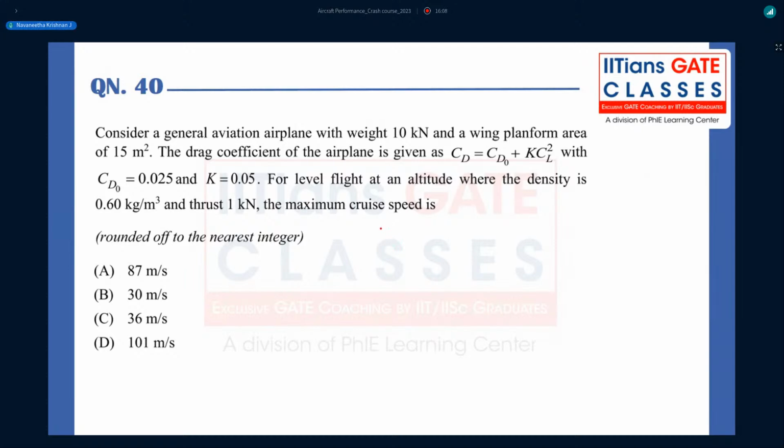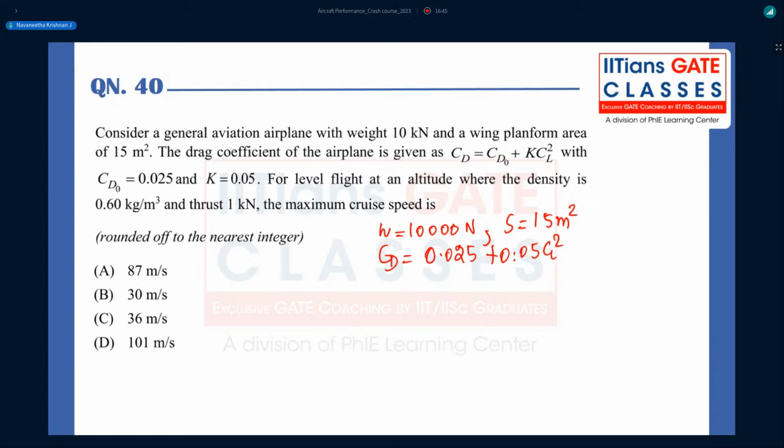First, what are the given data? We know that weight is nothing but 10,000 Newton, because 10 kilonewton is nothing but 10,000 Newton. Wing area is 15 meters square. CD is nothing but 0.025 plus 0.05 CL square, because K is given as 0.05 and CD naught is given as 0.025.